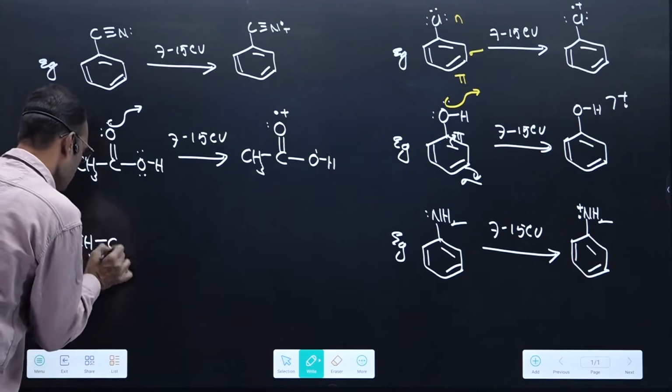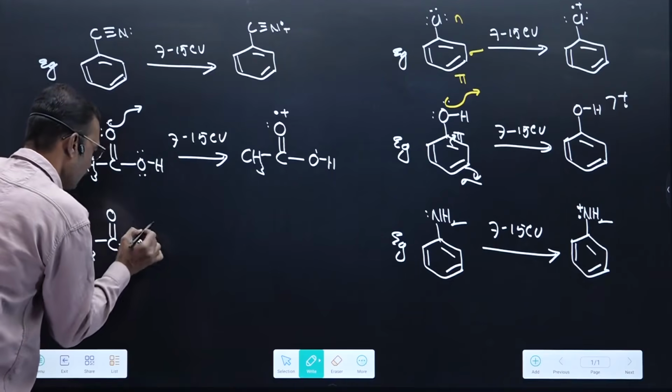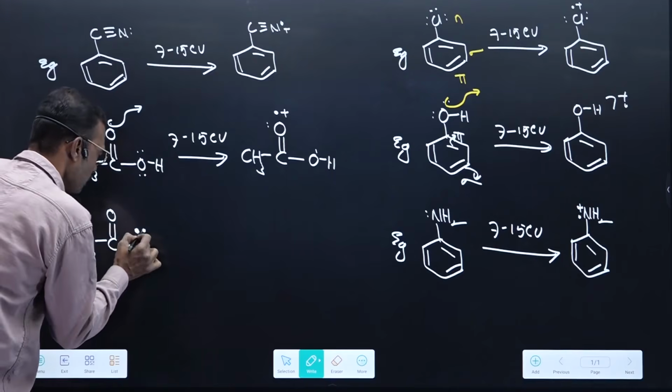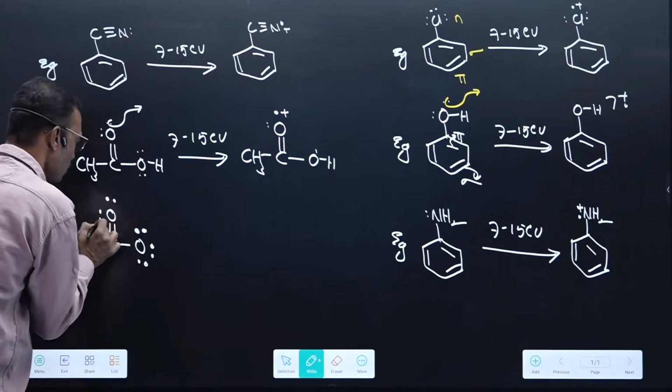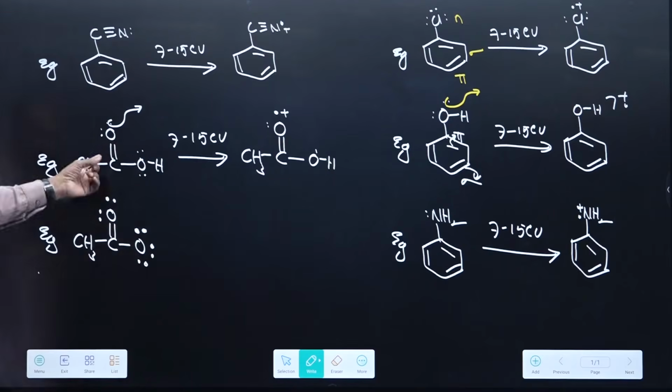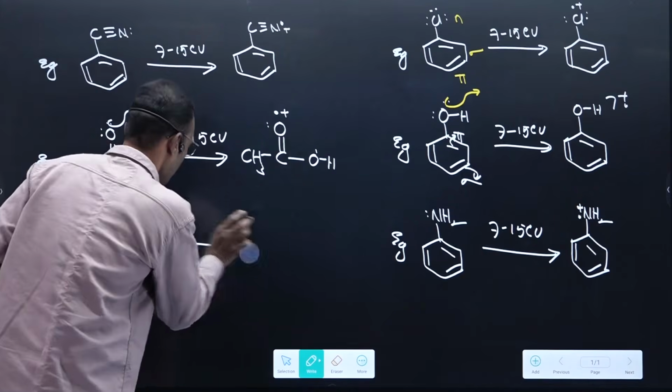But this is different. See, this is double bond O and here an anion. If any negative charge is given, remember, here I am writing 3 lone pairs of electrons and here I am writing 2 lone pairs of electrons. What is the difference between this and this? This is generally represented like this.